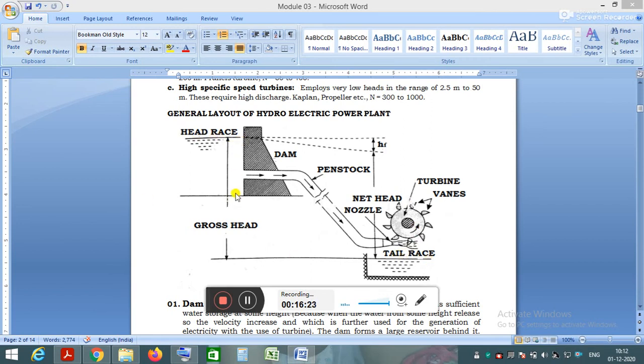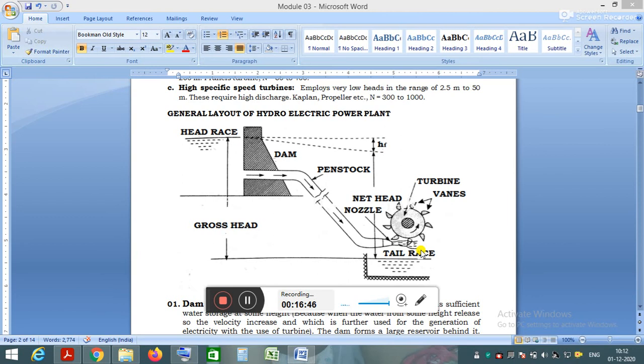It is the height measured from the top level of the water in the reservoir and the tail race, where the water is discharged from the turbine. It is the vertical height measured between the head race and tail race.